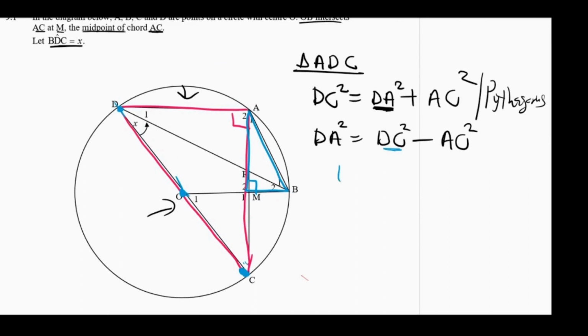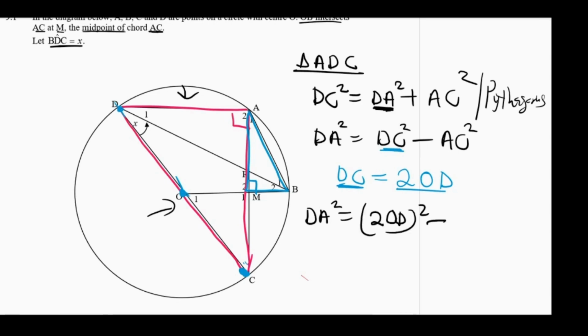We know that DC is actually twice OD, right? So where we see DC, we're going to put twice OD.